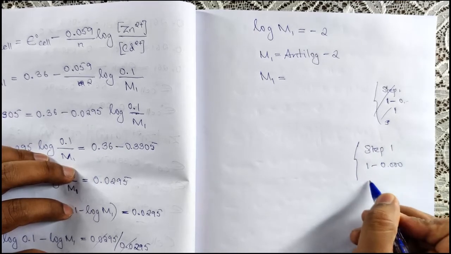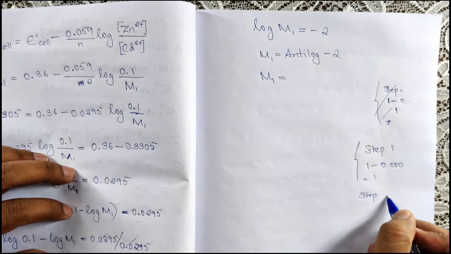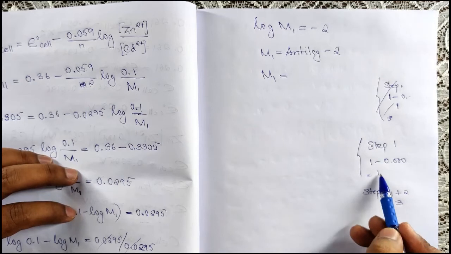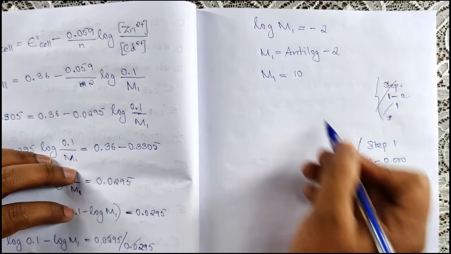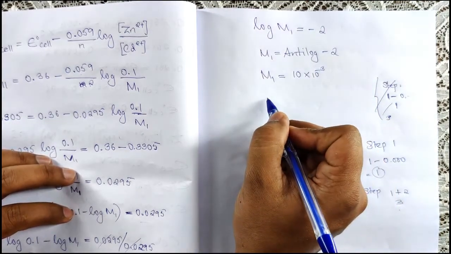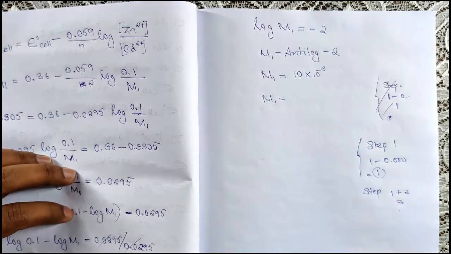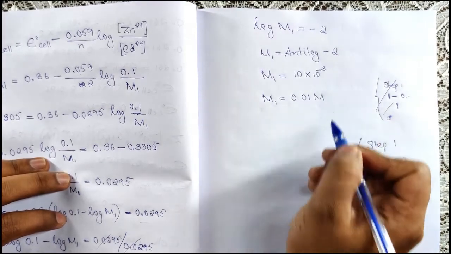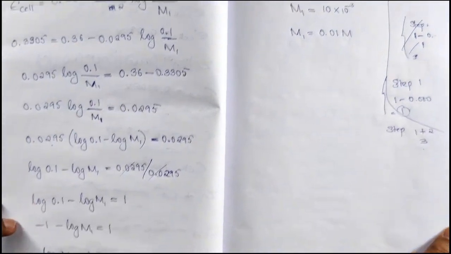So step 1, 1 minus 0.000, so I'll get 1. And then step 2, 1 plus 2, that will be 3. So now I'm going to take antilog of 1. Antilog of 1 is 10. So this 3 I can write as 10 into 10 to the power minus 3, since it is negative. So M1 will be 0.01 molar.